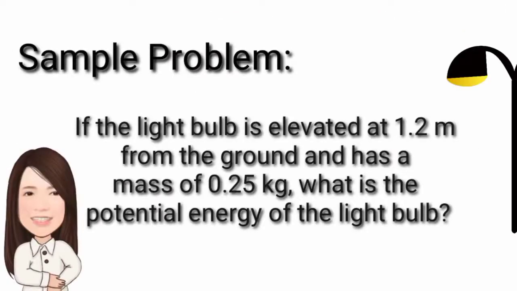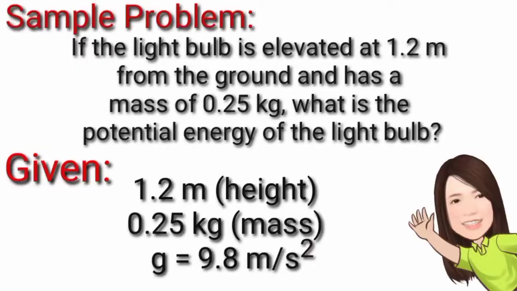Let's try this sample problem. If the light bulb is elevated at 1.2 meters from the ground and has a mass of 0.25 kilogram, what is the potential energy of the light bulb? Given: 1.2 meters height, 0.25 kilogram mass. Acceleration due to gravity is constant, which is 9.8 meters per second squared.